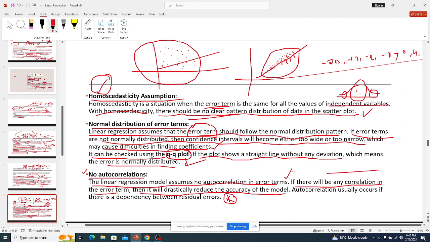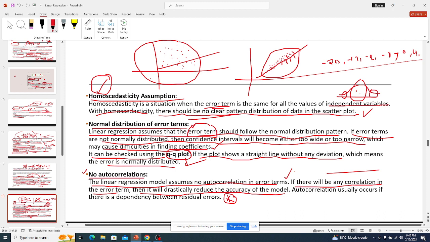If we have a relationship between the error terms, then it will reduce the accuracy of the model.